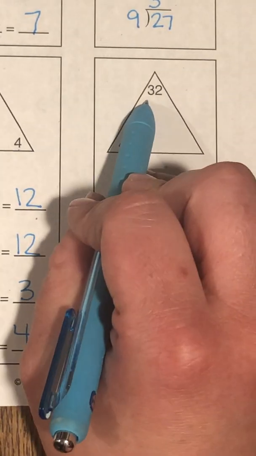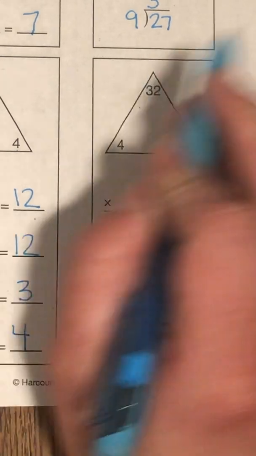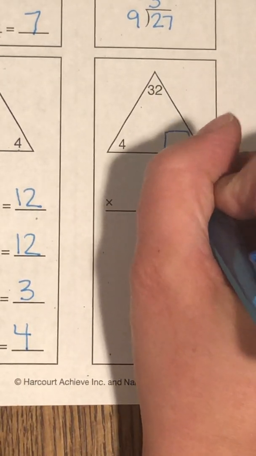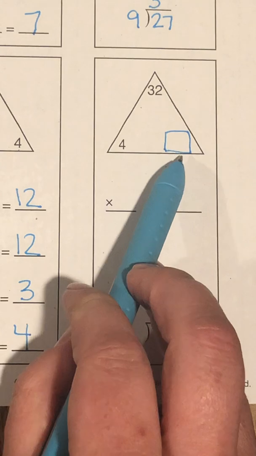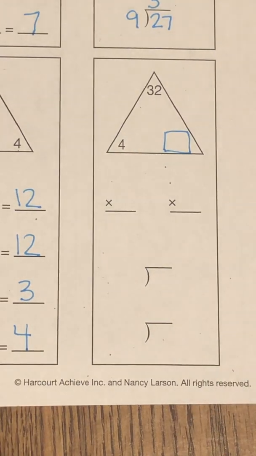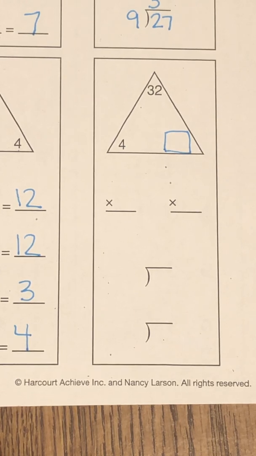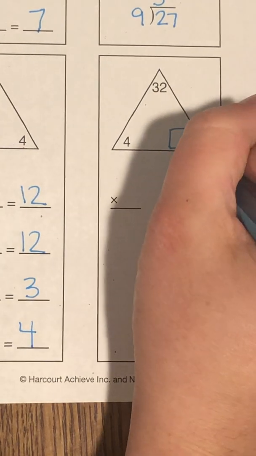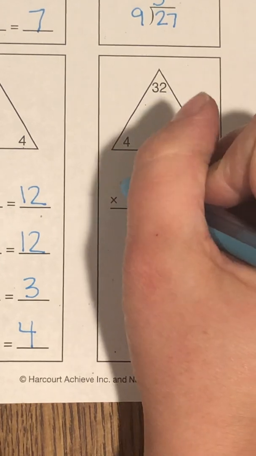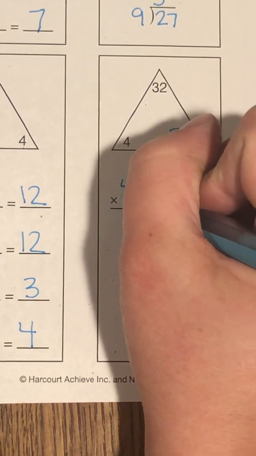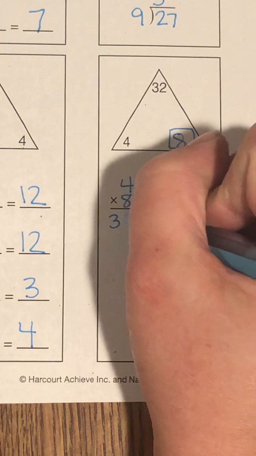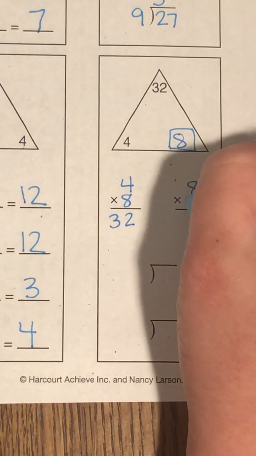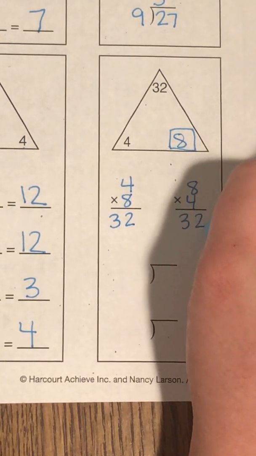Okay, I have 32, and I'm dividing it into 4 groups. I can also think of this as 4 times what equals 32. What would be my answer? My answer is 8. So, multiplication problems. 4 times 8 is 32. 8 times 4 is 32.